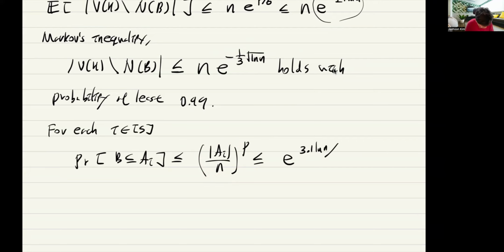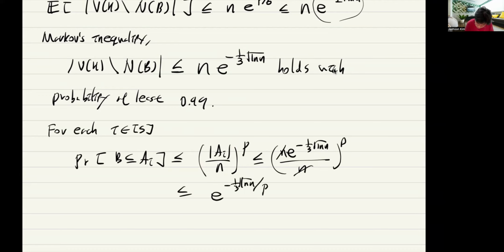Size of A was negative 1/3 square root of log n, and this cancels out.